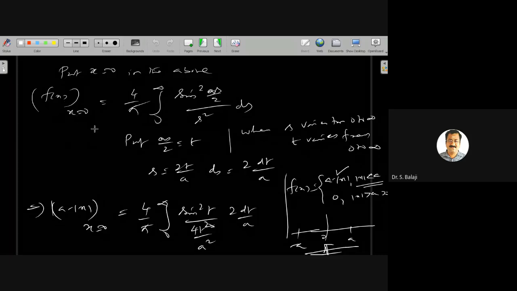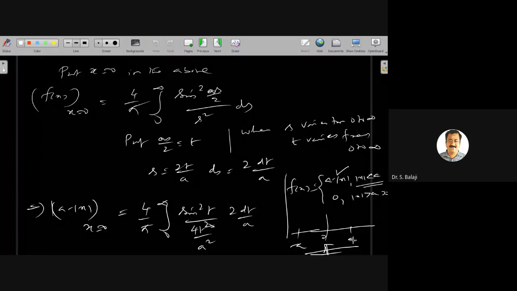f of x at x equal to 0, that is also what we require on the left side. How is f of x defined? It is defined as a minus mod x for mod x less than a, and 0 for mod x greater than a. It is already given that a is greater than 0.